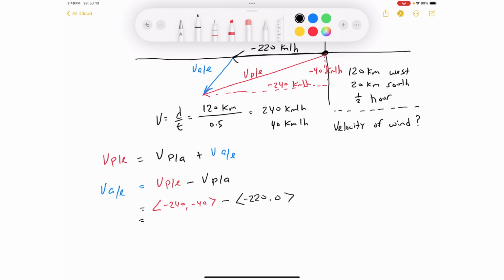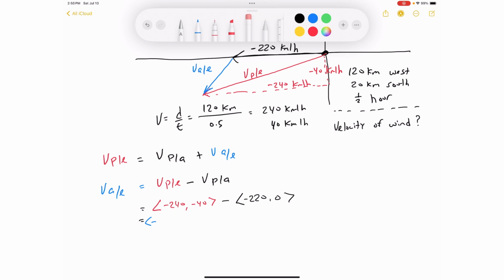you end up with, so it's negative 240. The negative and the negative cancel out, so it ends up being negative 240 and a positive 220, and that ends up being a negative 20.